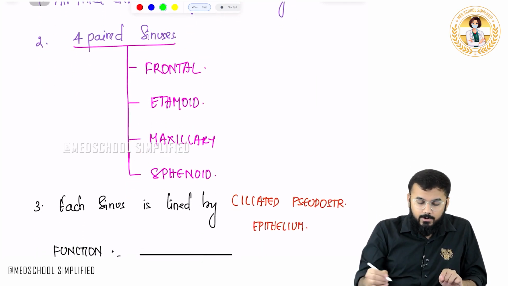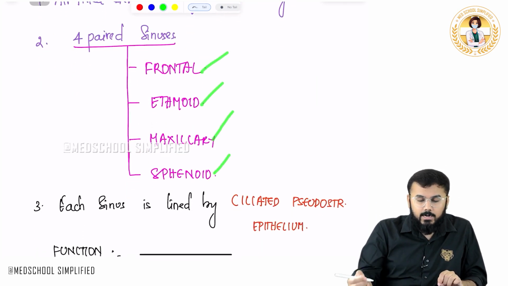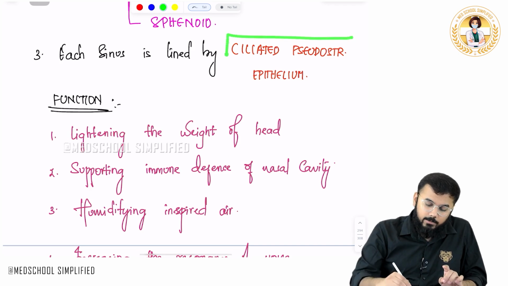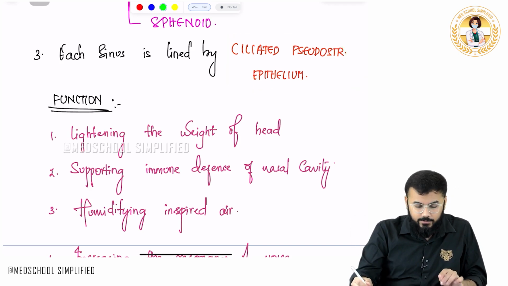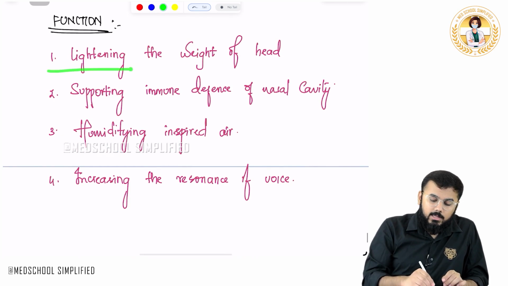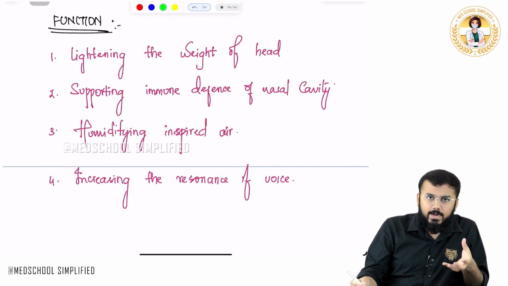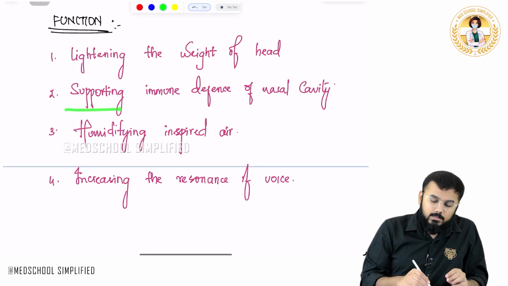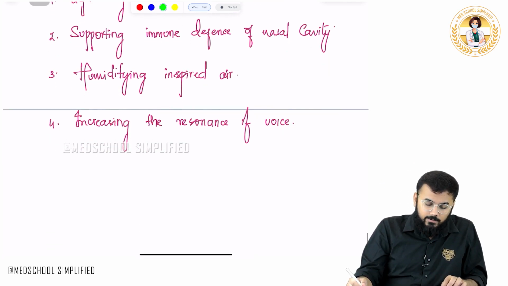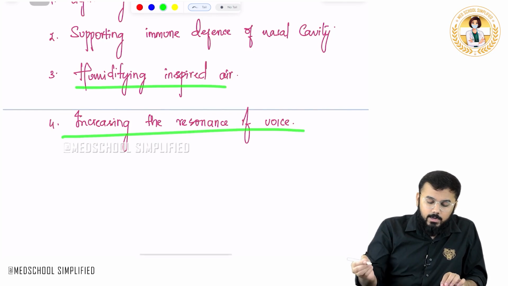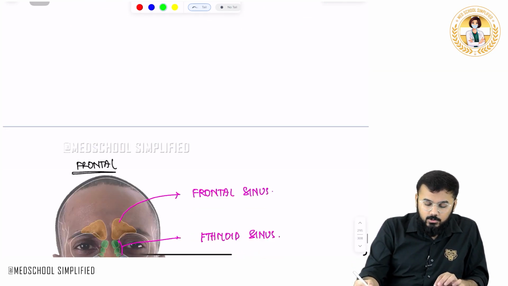Second, there are four pairs: frontal, ethmoid, maxillary and sphenoid sinus. Each sinus is lined by ciliated pseudostratified epithelium. Function: they make the weight of the head a little lighter, support the immune system of the nasal cavity, humidify the inspired air, and increase the resonance of the voice.